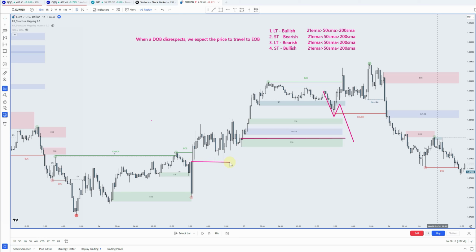This is mitigated, and then above only this one is available. So you are looking for sell here until here, just based on this theory. But let's add one extra layer to check are we a buyer or a seller.